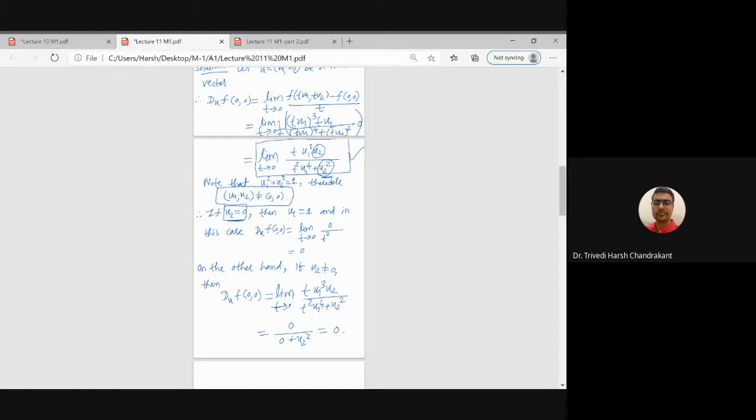In this limit, why we have considered only u2 not 0? Because in this limit the term u2 square has no coefficient of t, right? So instead of this term, if we get the term of u1, then we can consider the other case.